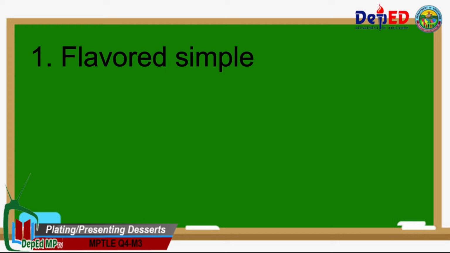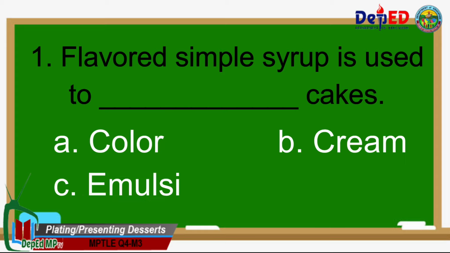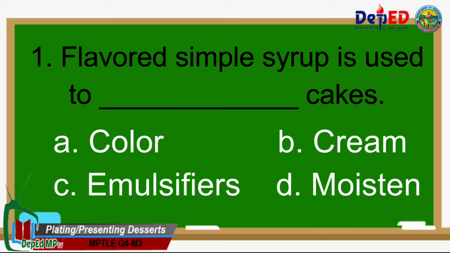Number 1. Flavored simple syrup is used to blank cakes. Letter A. Color. Letter B. Cream. Letter C. Emulsifies. And letter D. Moisten. The correct answer is letter D. Moisten.